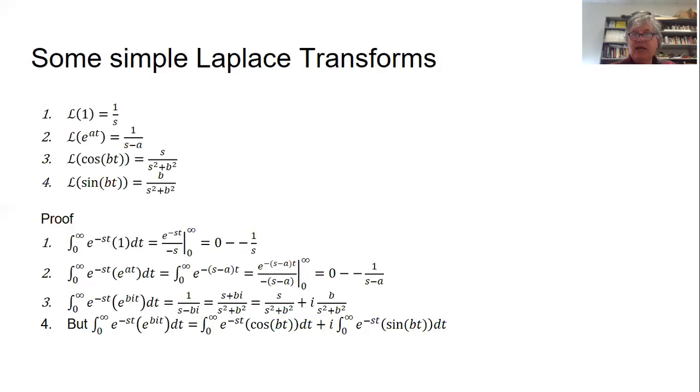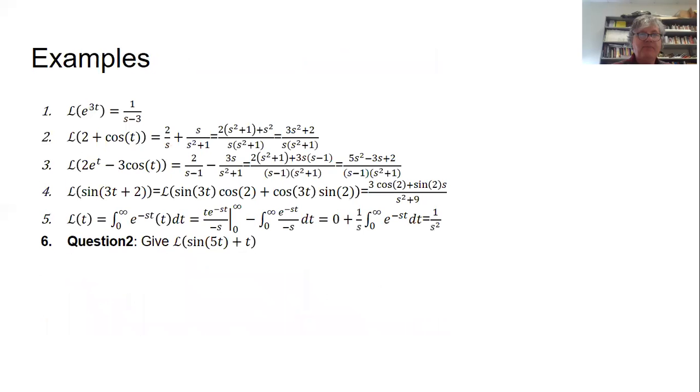If you split that up into real and imaginary parts, you can set that equal to the real and imaginary parts of what we just computed, and then we get 2 Laplace transforms for the price of 1. So easy.